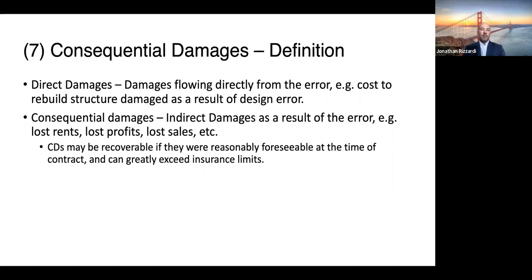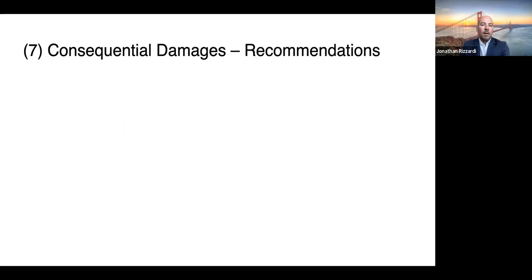So it's not a direct damage. It's something that's a consequence of the negligence. And you may be liable for consequential damages if they were reasonably foreseeable at the time of entering into the contract. And obviously in most cases, that's going to be a big number. So got to be careful.